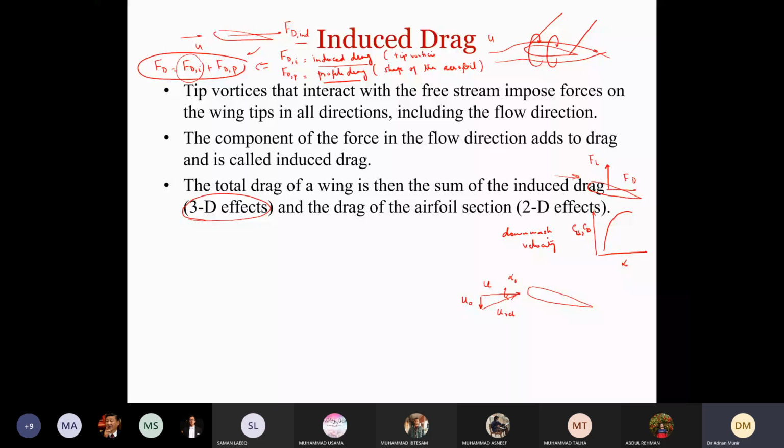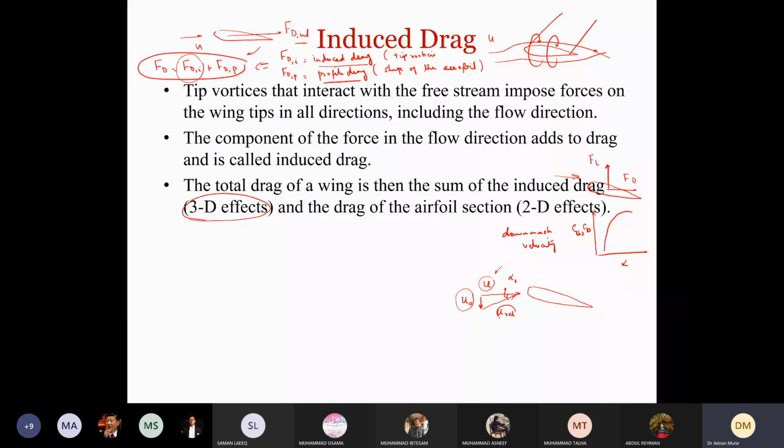Now, the incoming flow was initially here, U. Because of the downwash, because of the tip vortices, we have downwash, and during that downwash, what happens? The U has changed from U to U relative. Now the lift force and the drag force will be along this U relative.